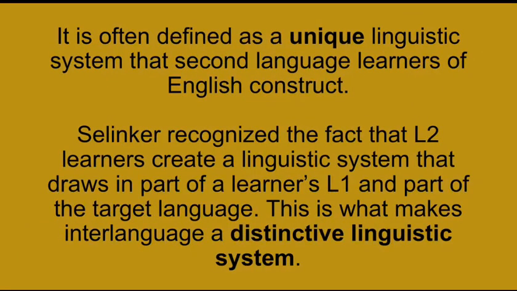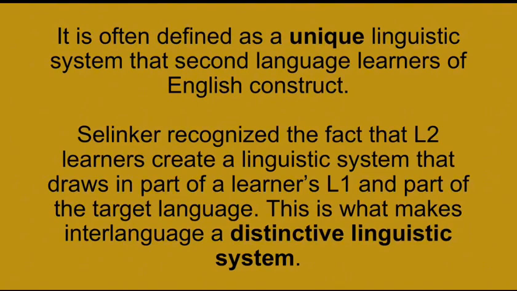Now, interlanguage is often defined as a unique, by the term unique, we mean distinctive, a distinctive linguistic system that second language learners of English construct. They build, they form, and they construct another language in an attempt to learn a second language.